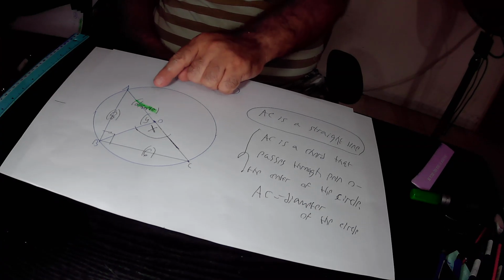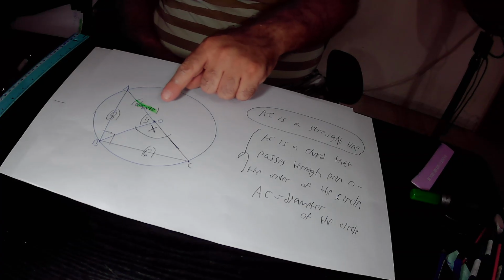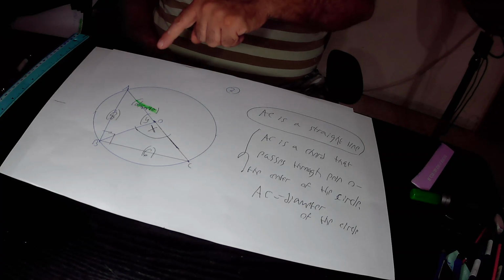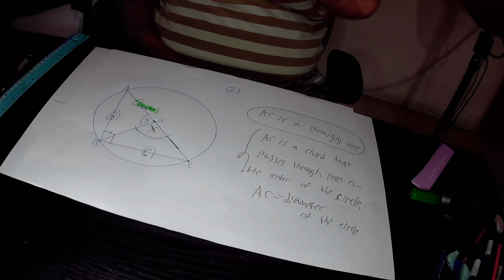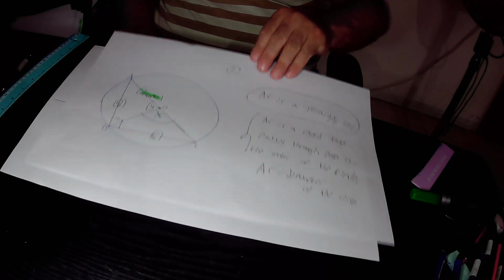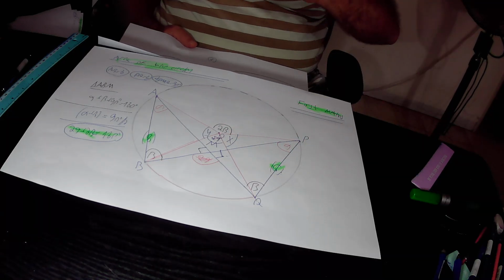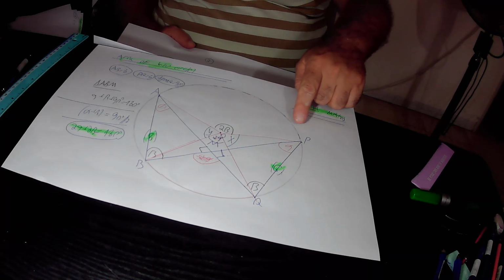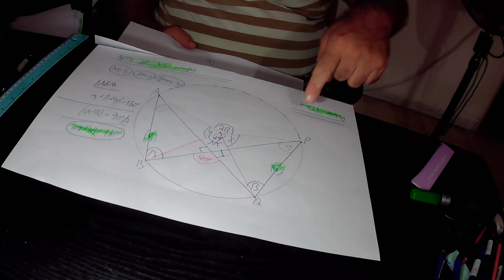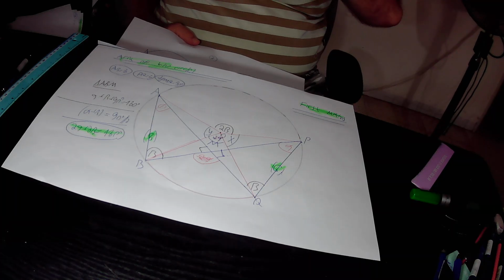The size of center angle AOB is y degrees, and it's subtended on chord AB. This is equal to 8 units in its size. This is center angle POQ. The size of center angle POQ is x, and it's subtended on chord PQ. That is equal to 6 units in its length.